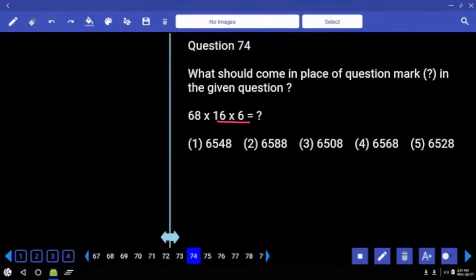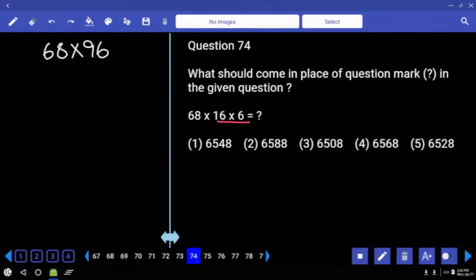16 into 6. See, when you look at options, all are ending with 8. So you don't have to actually calculate what is the last digit. It will be 8, that is known. 68 into 96. Correct. 96 times, I'll take 100 times minus 4 times.